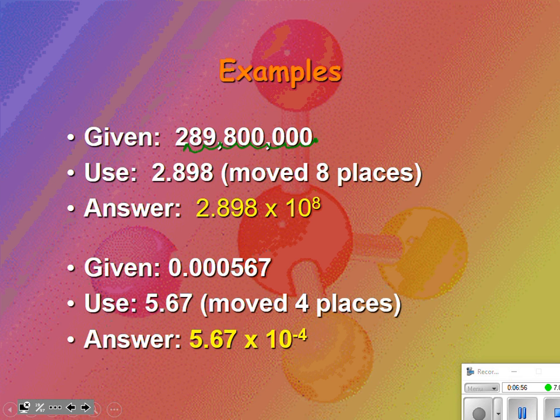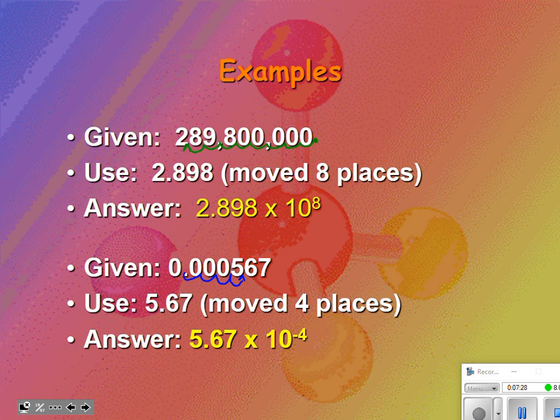Now the second one on the bottom. I move my decimal point to right here. It's got to be a number that is between 1 and less than 10. Well, 5 fits that bill. I look and I say, okay, I jumped 1, 2, 3, 4 spaces.